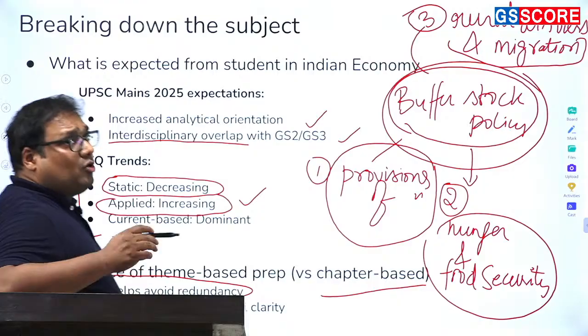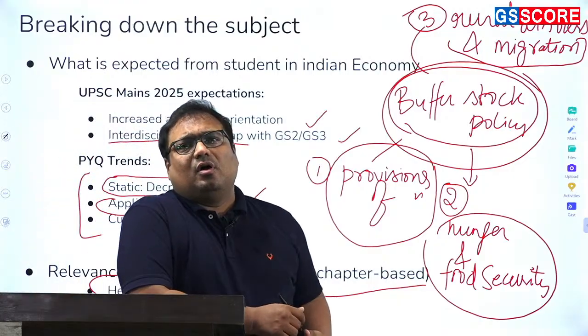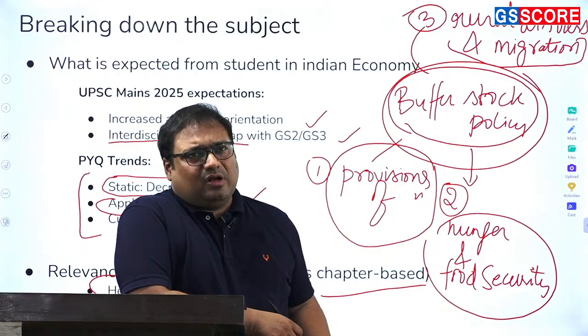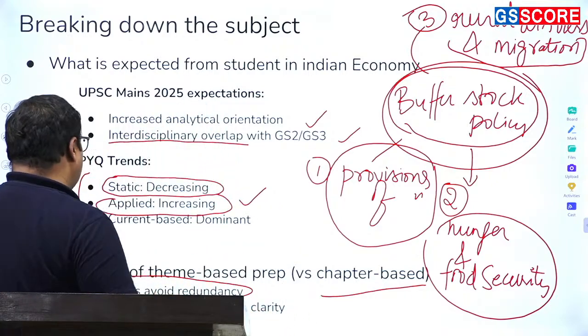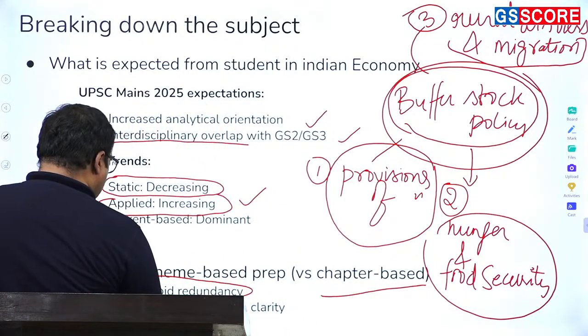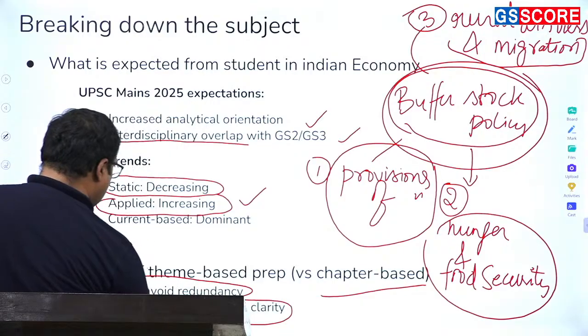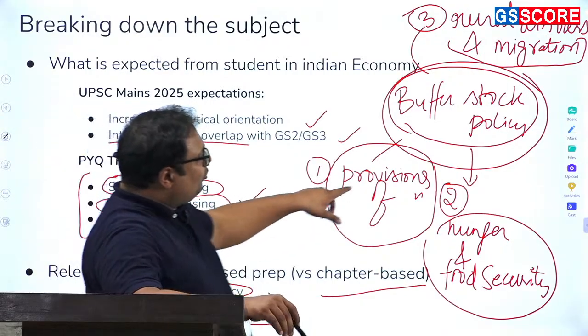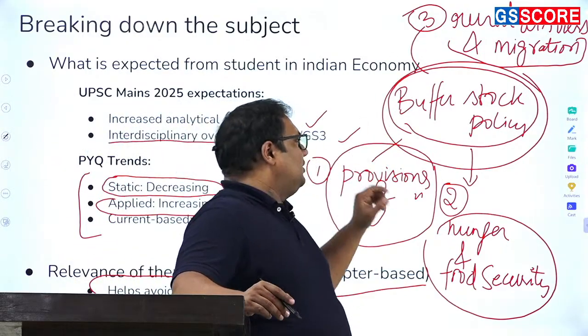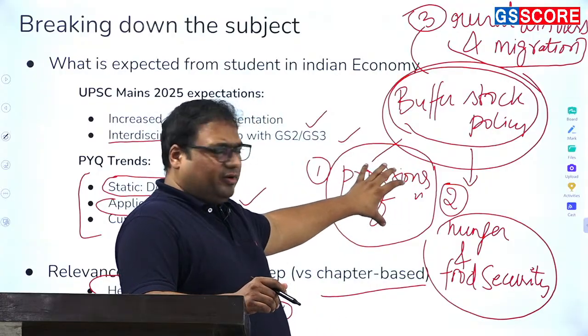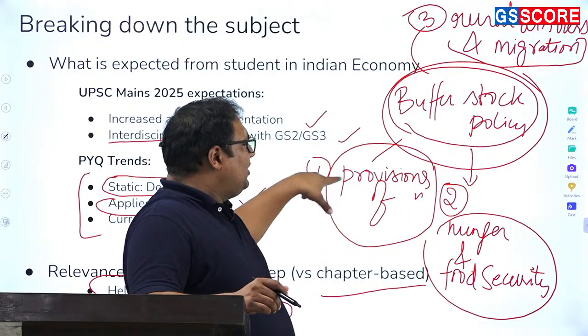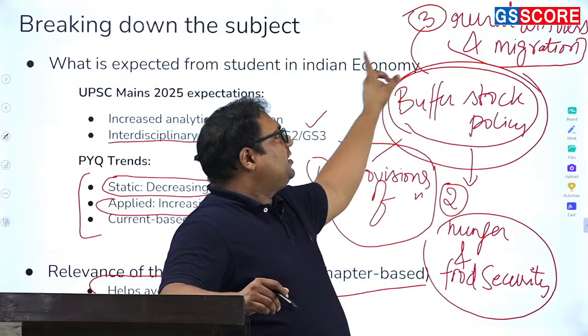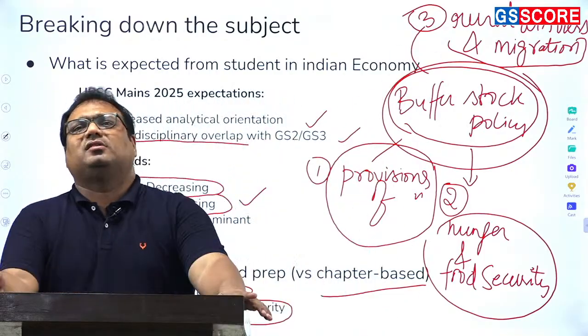Certain topics are not as fruitful for your examination, whereas certain topics are much more. Then it will build your macro conceptual clarity, because here you are going to look at all the dimensions. You will study the basics of it. You will study the current affairs dimension of it. You will study its impact on other subjects, other aspects.